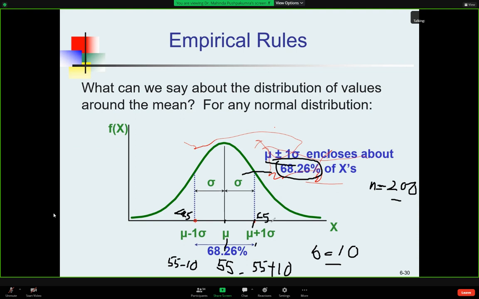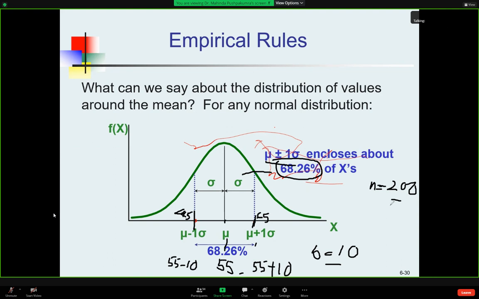That means out of 200, 68.26% of individuals have ages between these two values, if the distribution is normal with mean 55 and standard deviation 10.